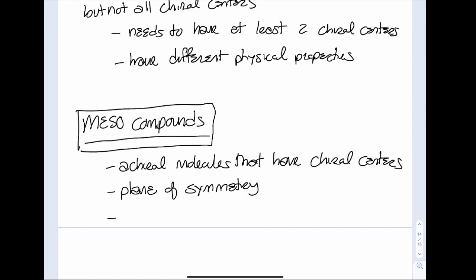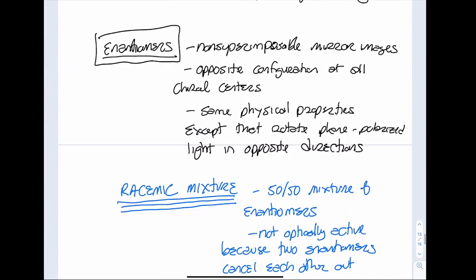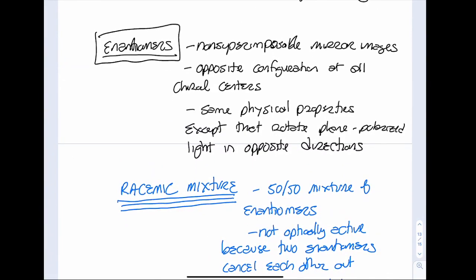I could give you two, like we did in the last video, where I had an example with opposite configuration and it looked like it was an enantiomer, but remember they are superimposable. So if we go back up to enantiomers: opposite configuration, all chiral centers, and they're also not superimposable.